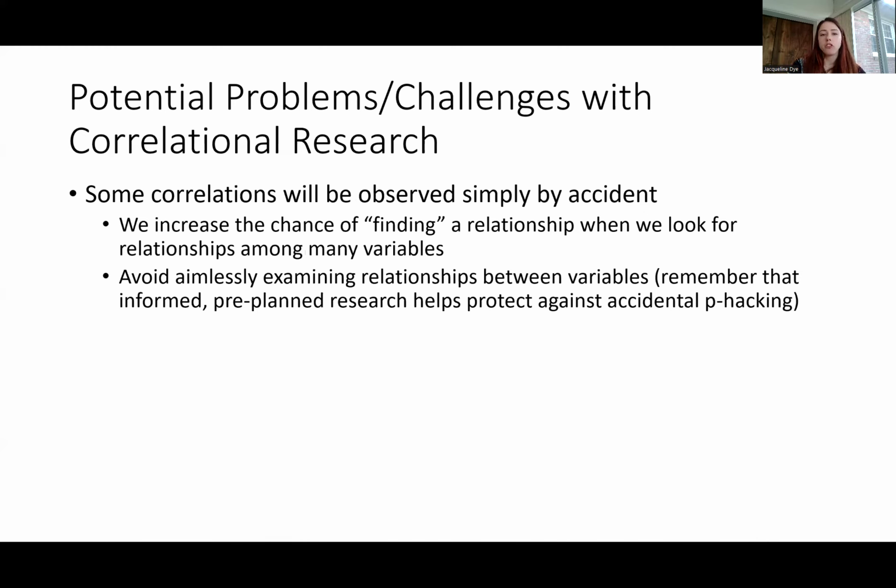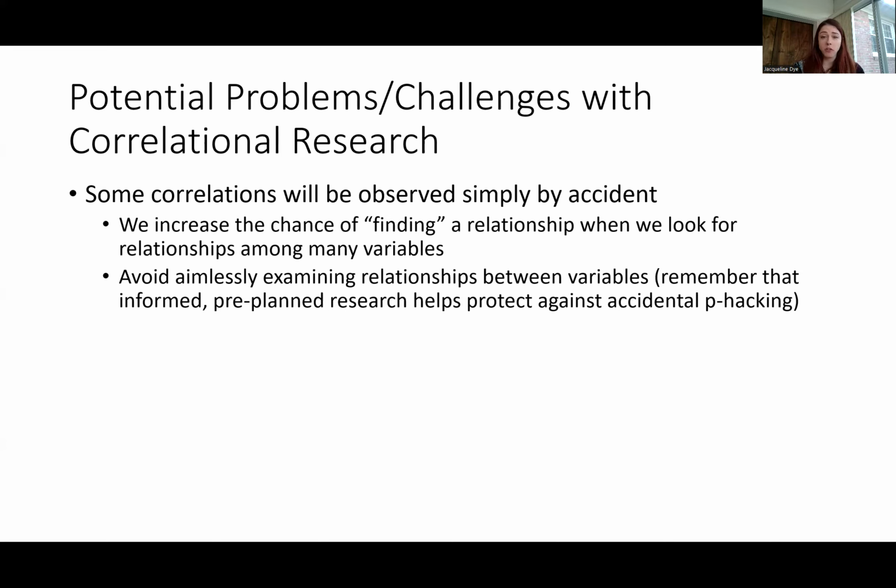And then some correlations will simply be observed by accident. We'll look at an example later, but we increase the chance of finding a relationship when we look for relationships among many variables. Let's say you have 20 different variables and you randomly match them up and run correlation analyses on all of those variables.